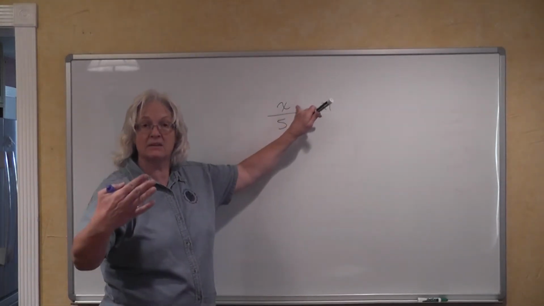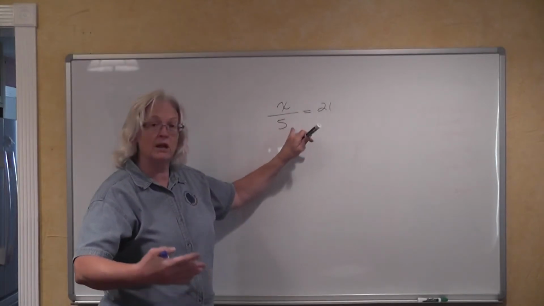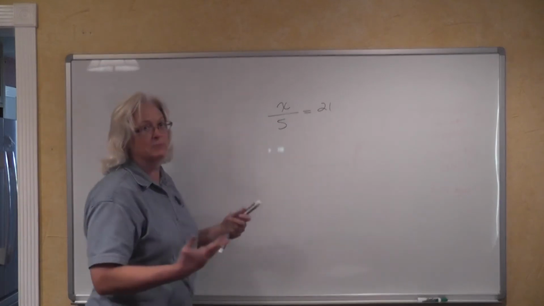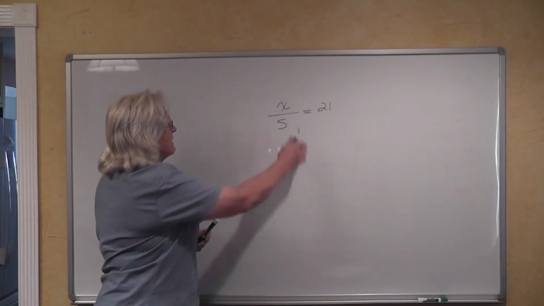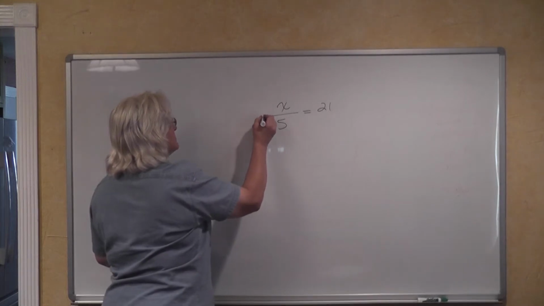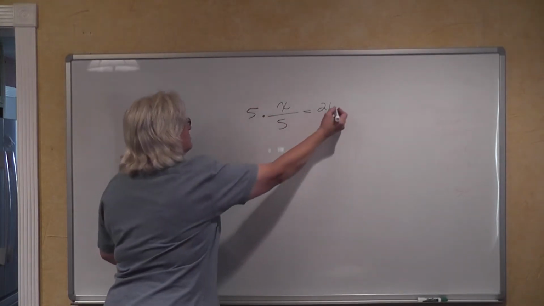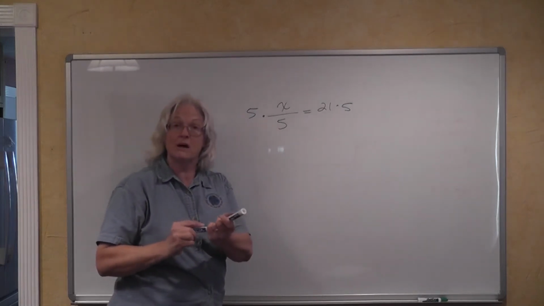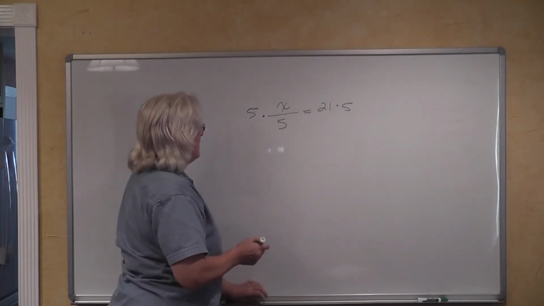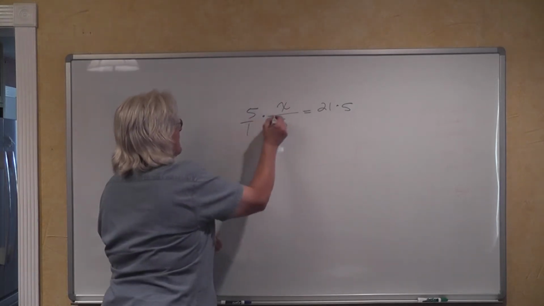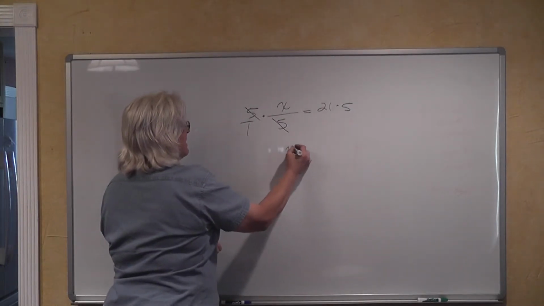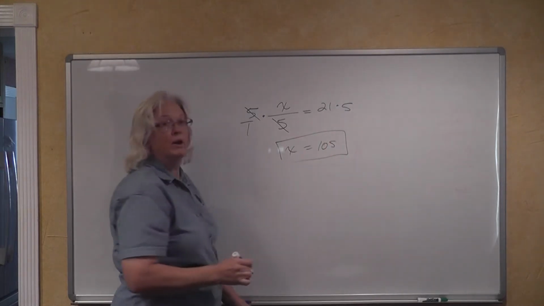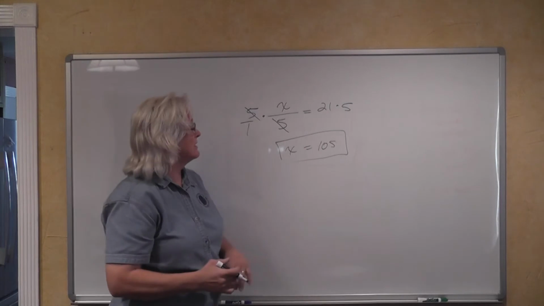X divided by 5, the inverse of division is multiplication. So we are going to multiply both sides of that equation by 5. Can cancel common factors. And we have x is equal to 105. Exactly like I said.